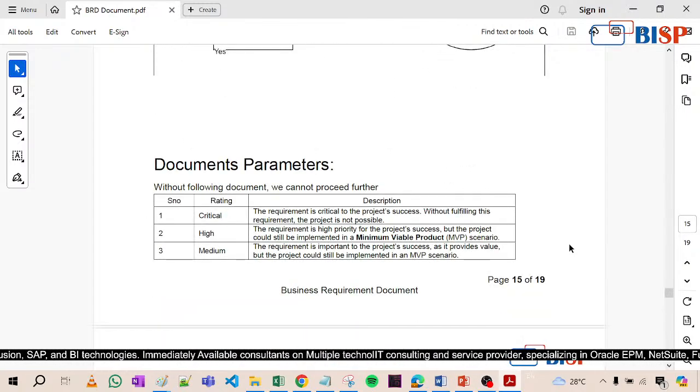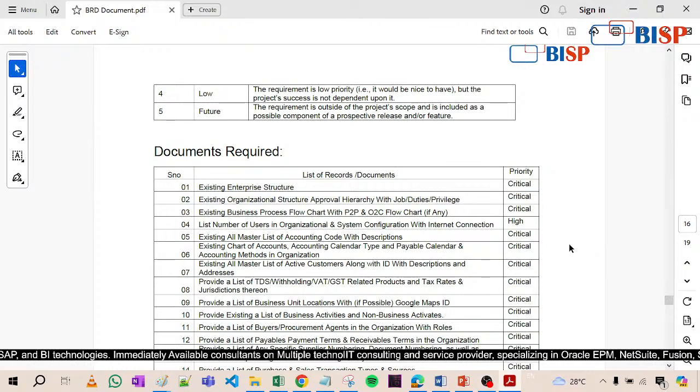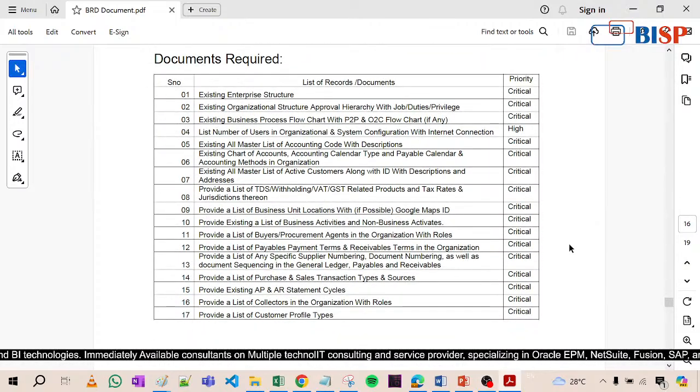Then document parameters. Now see here, document required means, many times suppose the client tells me to please implement Fusion. Now definitely I will ask for some documents from them. For example, see here, provide existing AP and AR statement cycles, provide list of customer profile types.